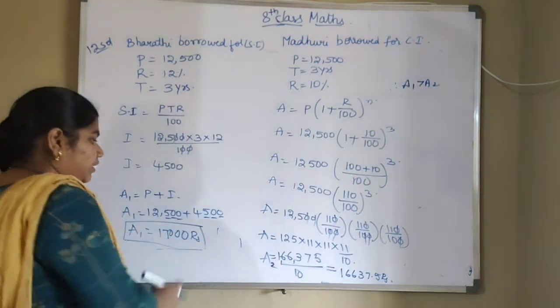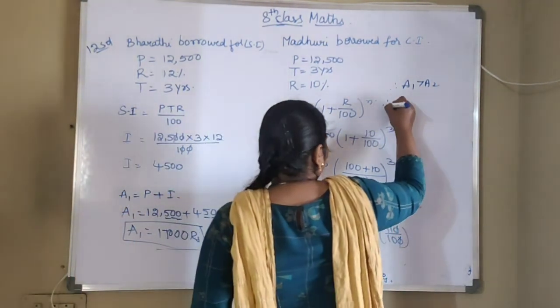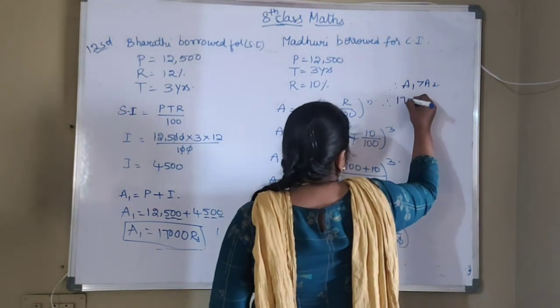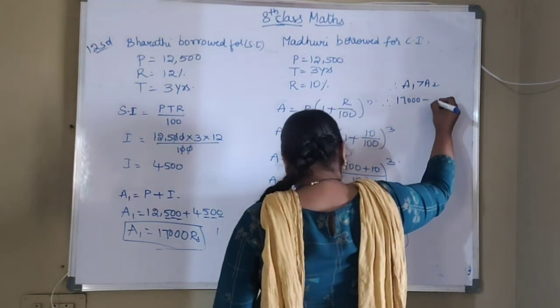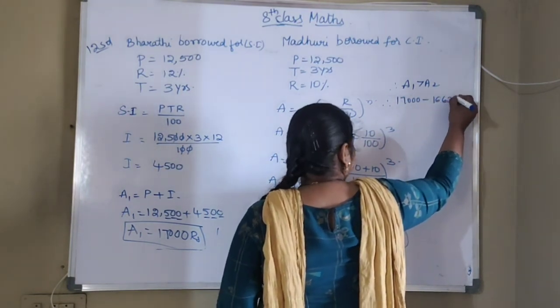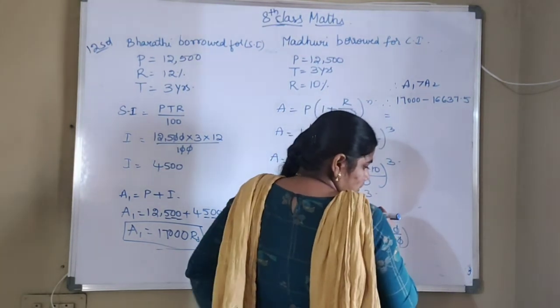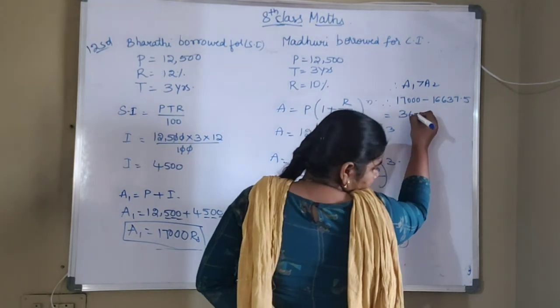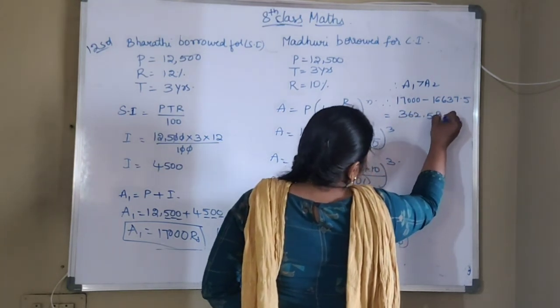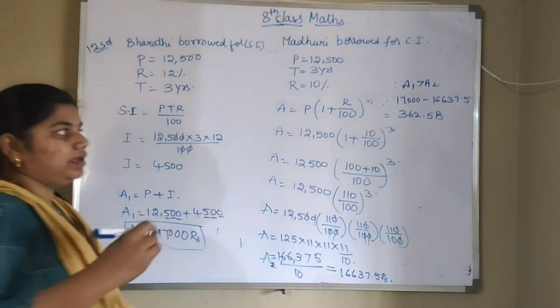So 17,000 minus 16,637.5 rupees. What is the difference? The difference they have to pay is 362.5 rupees. Bharti is paying more.